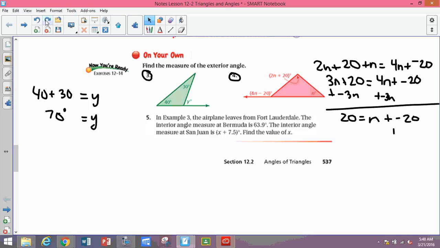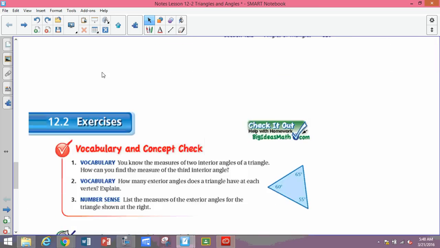So I end up with 20 equals n plus a negative 20. You add 20 to both sides because this is negative, so you add the opposite. Therefore, you end up with 40 equals n. If you got that right, then you can move on. If not, then I'd like you to go back and rewatch.